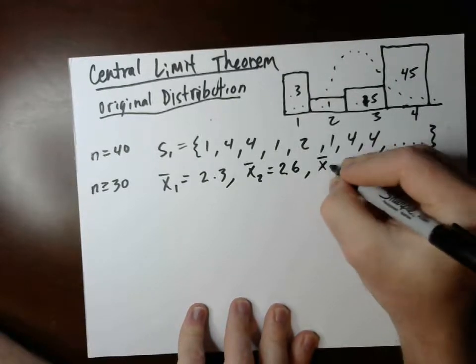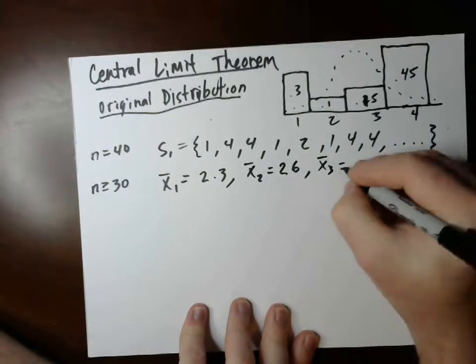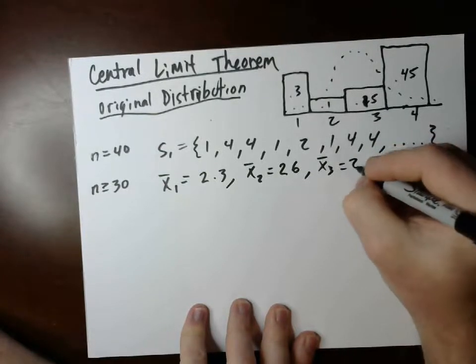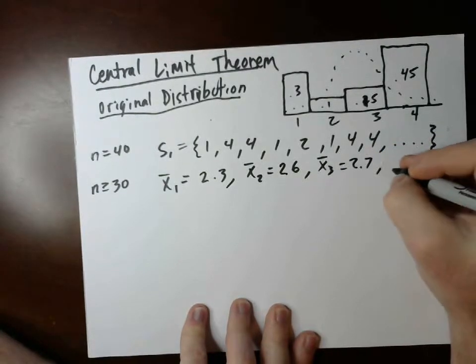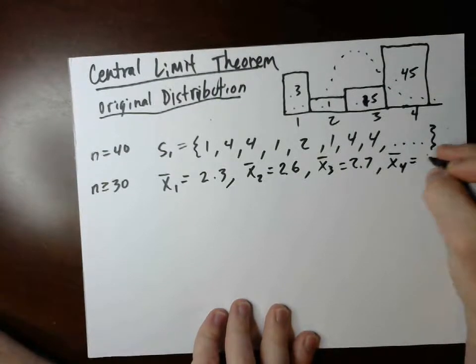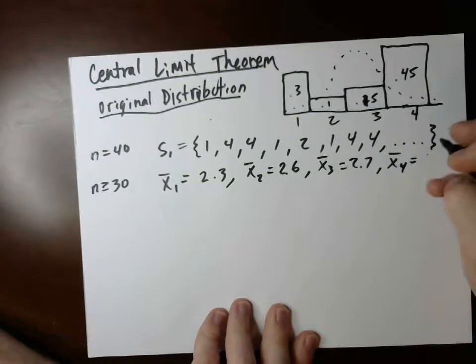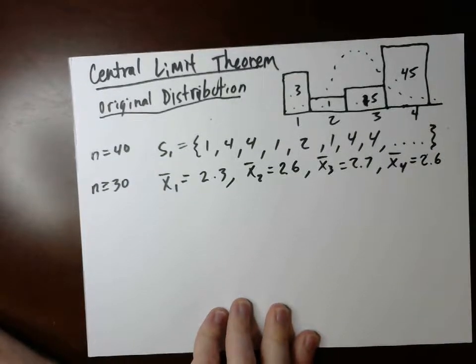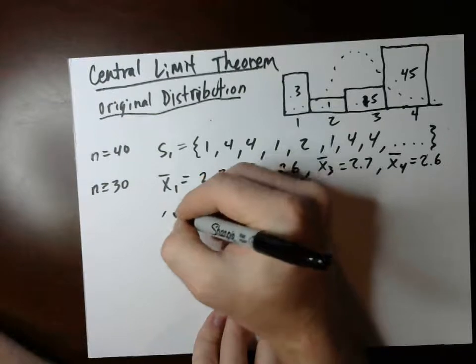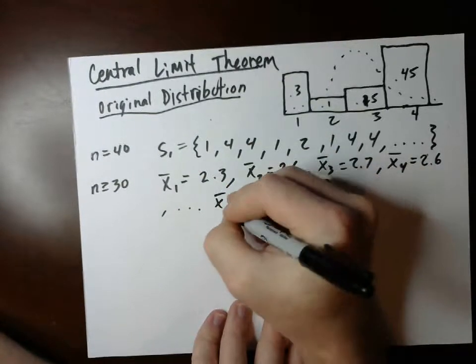And then we have x bar 3, and that equals, let's just say, 2.7. And x bar 4 equals 2.6, and so forth. And then we're going to continue this until we have x bar 1000.